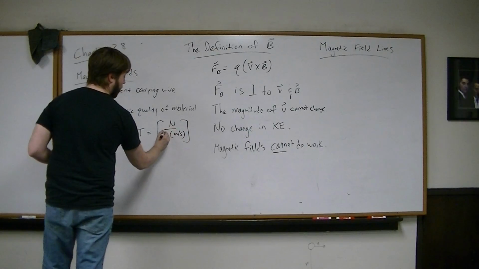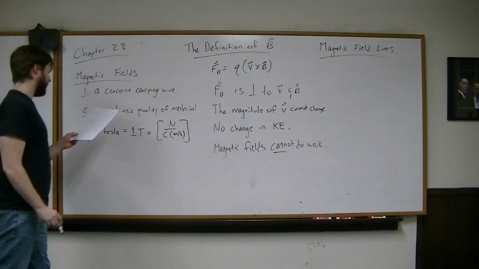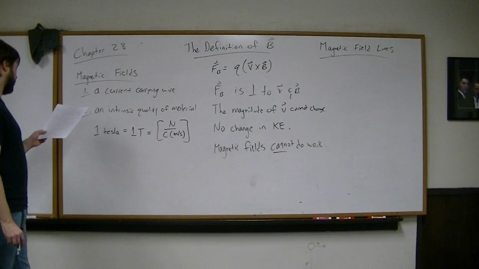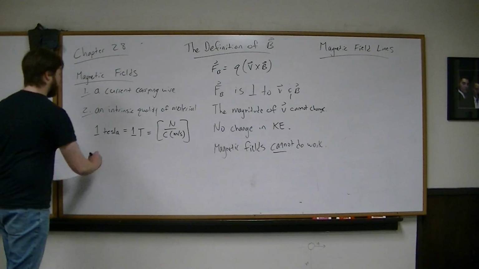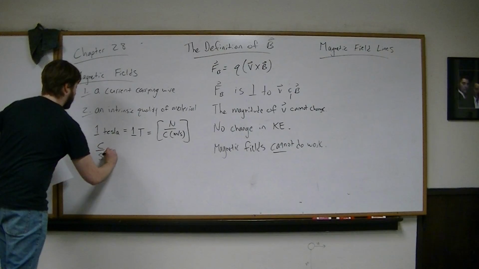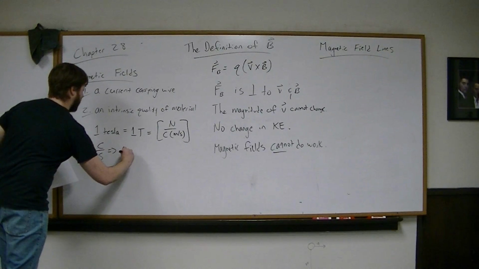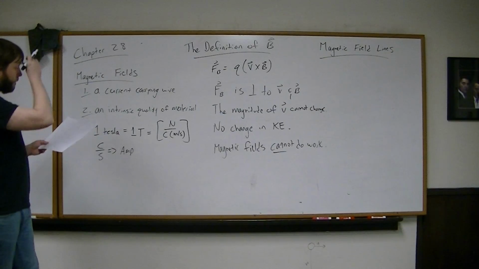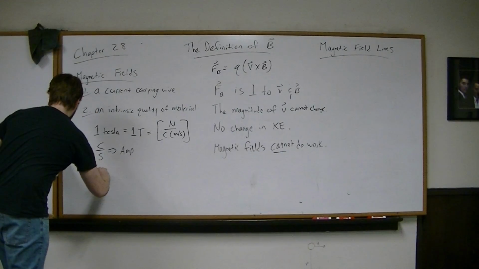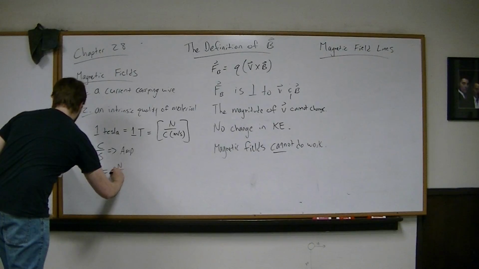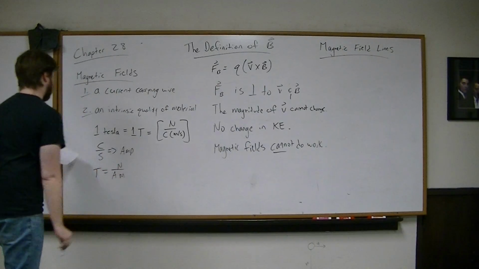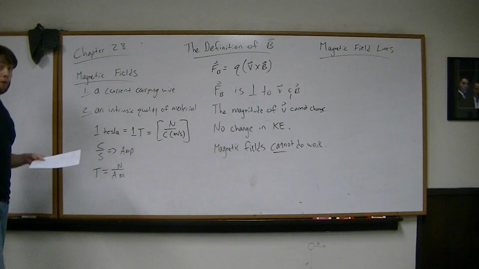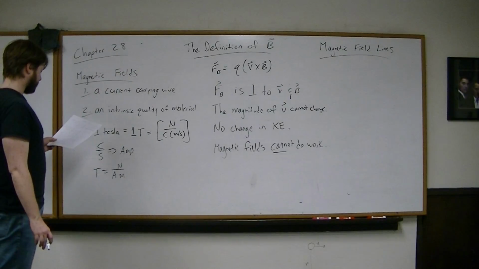Newton, Coulomb, meter per second down there in the denominator. Now remember that a Coulomb per second is the same thing as an amp. So the Tesla is equal to a Newton per amp times a meter.